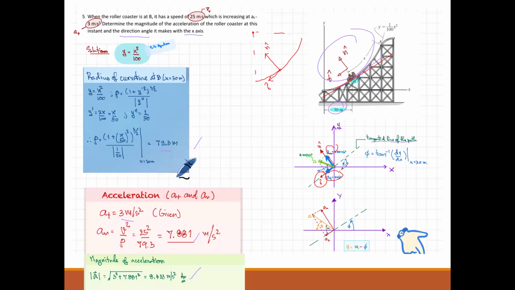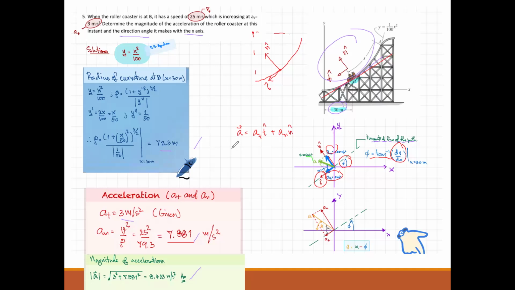According to this, we can determine the angle. The problem would like to know this angle. Sorry, not angle phi. Angle phi you can determine directly. It is the slope of the path, equal to arctan of dy over dx. Now we have the angle phi. From the components, a is equal to a_t plus a_n, right?